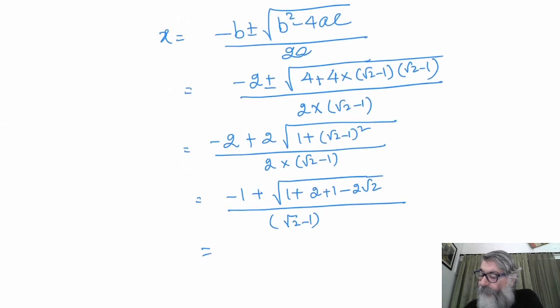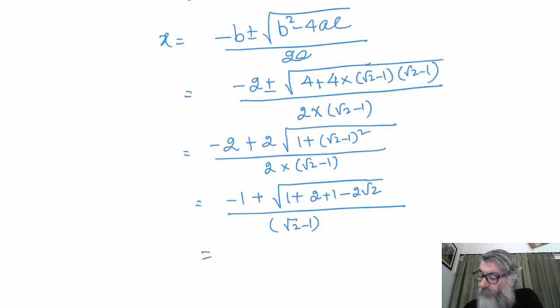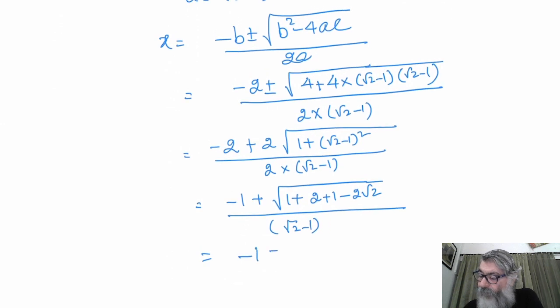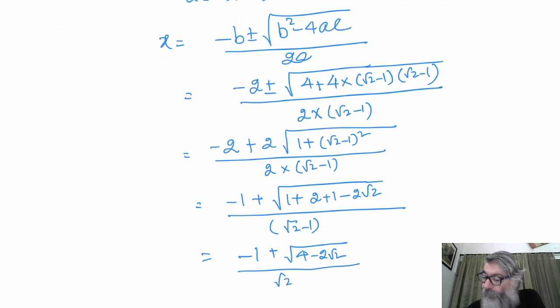So it will become minus 1 plus, it will become 4 minus 2 root 2 upon root 2 minus 1. This is the value of x. We are getting this as the value of x.